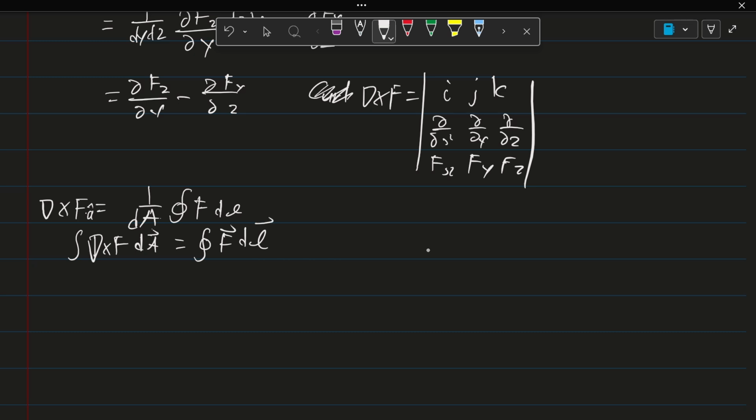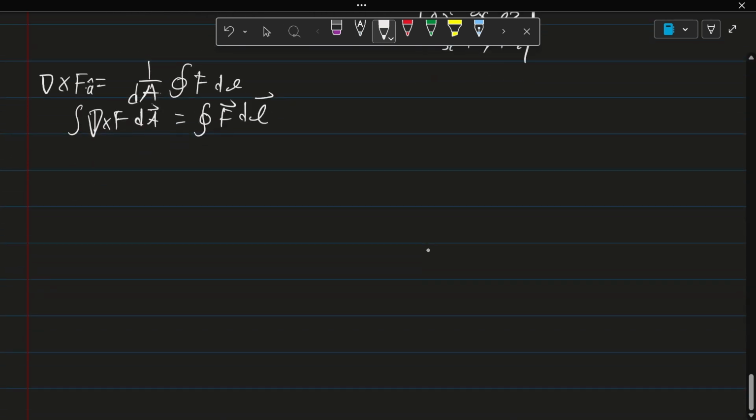So now what you would get is that you could relate a line integral into a surface integral just by doing such transformations. And it is sometimes pretty useful to know about this because this will be implemented for Maxwell's equations.